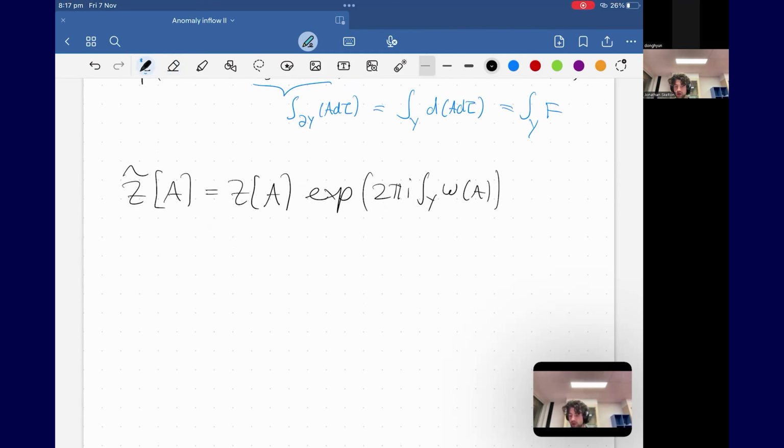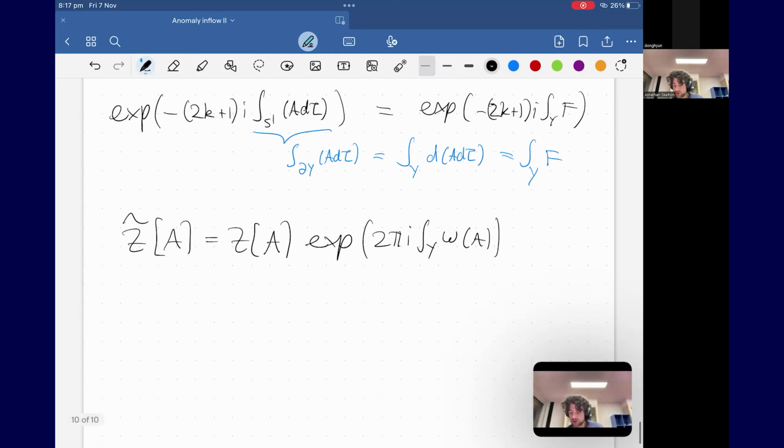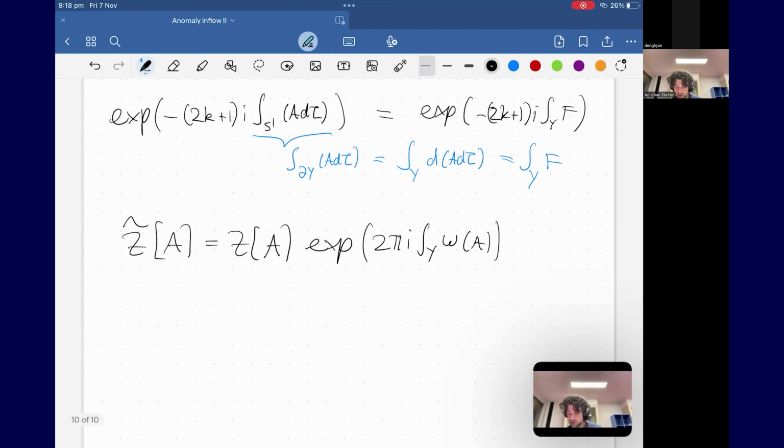Where omega is going to be the invertible field theory. Yeah, so under this transform, here we want omega(A) to be some unknown coefficient times F. Let me just call it, what's a nice letter?